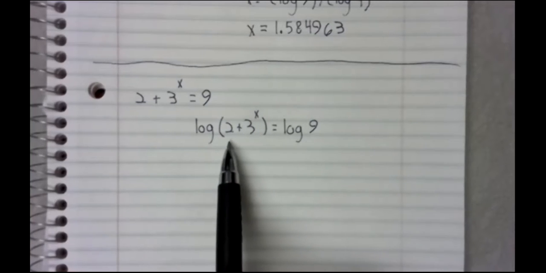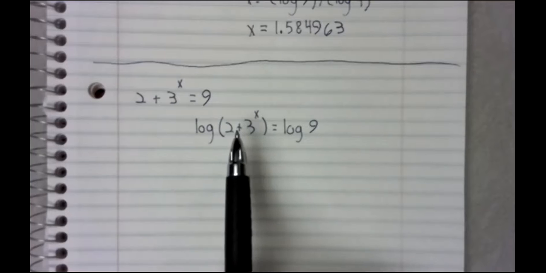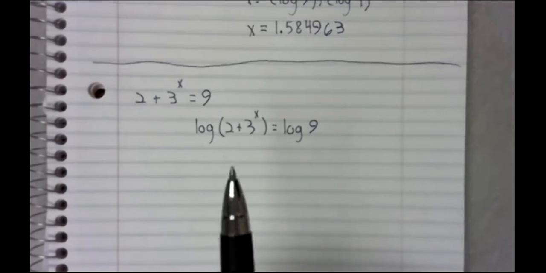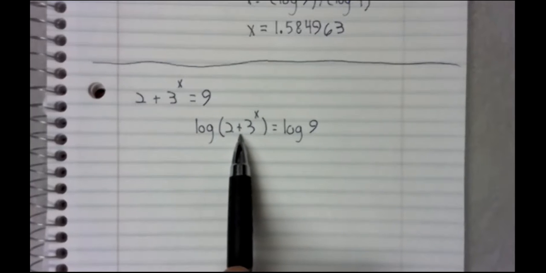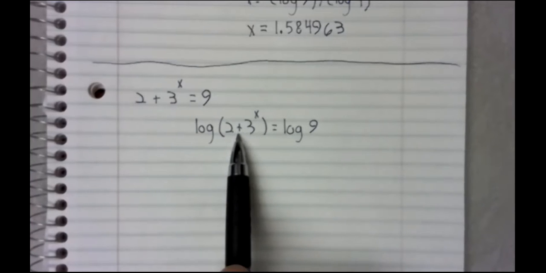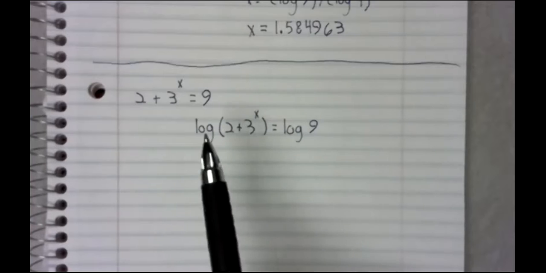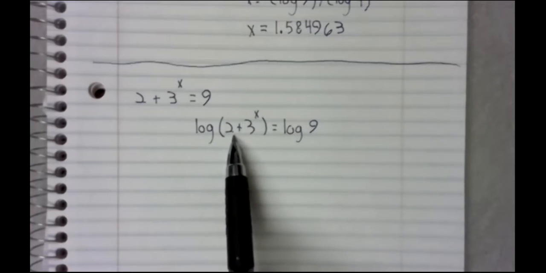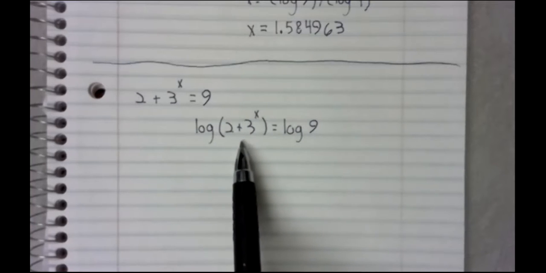We know how to take the logarithm of a product. We know how to take the logarithm of a quotient. We do not know how to simplify the logarithm of a sum. And in fact, the answer to that is that we cannot simplify the logarithm of a sum.